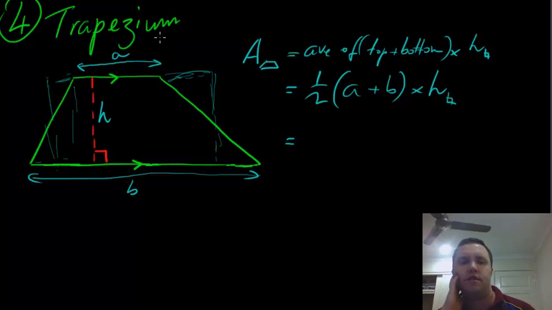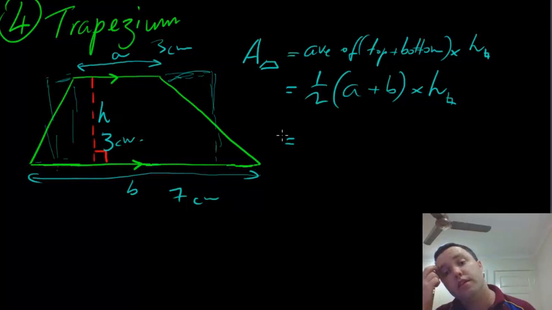And so let's just give these some numbers, I don't know, 3, 7, so let's go centimeters this time, and I'm going to make this one here 3 centimeters. Okay, so let's go.